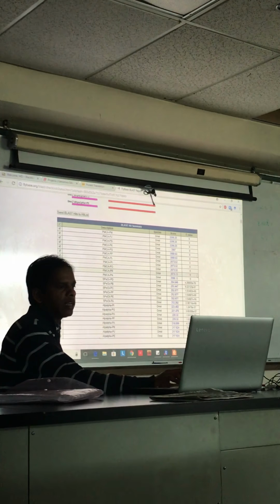What does the score mean? The score basically tells you how many base pairs match, right? So if you look at this score in BLAST, and just double check the BLAST search, the quality, higher numbers correspond to higher similarity.